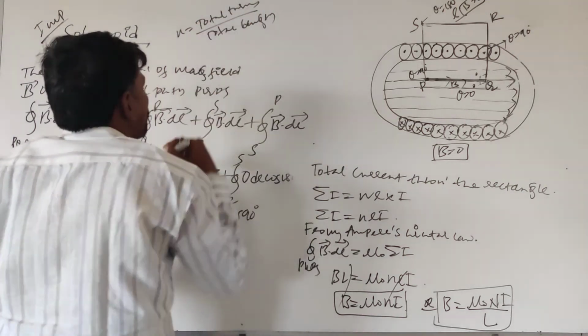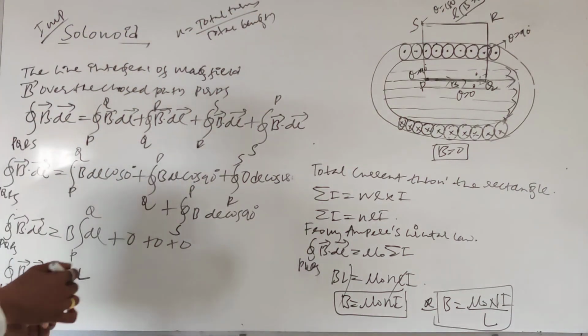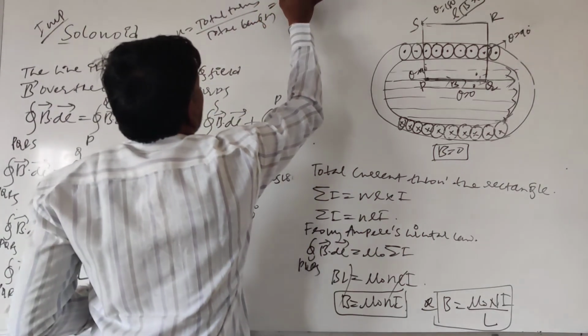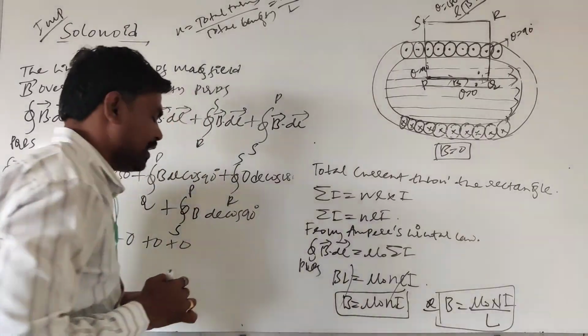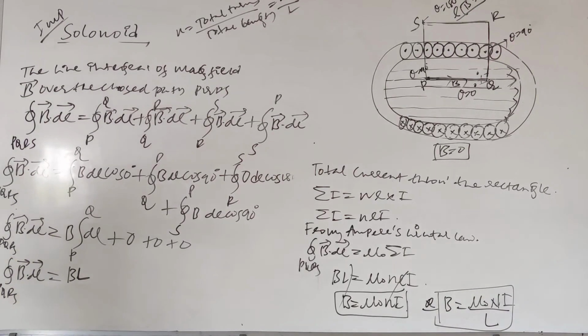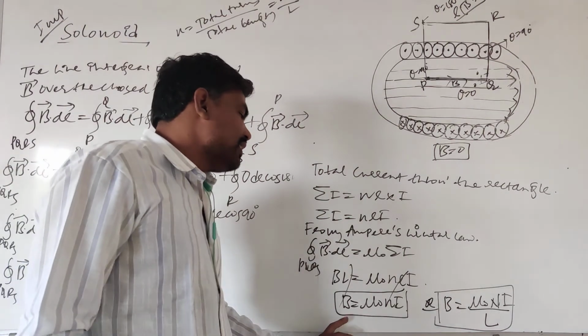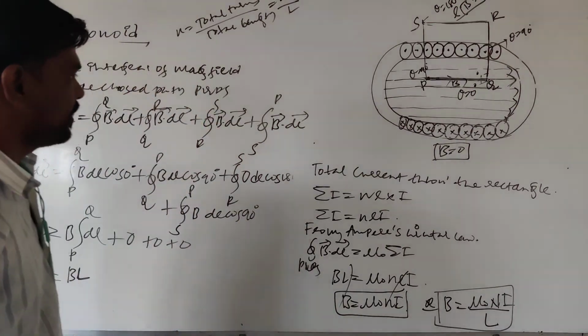Total turns means capital N, total length means capital L. So this form we can also write. So this is the magnetic field inside the solenoid.